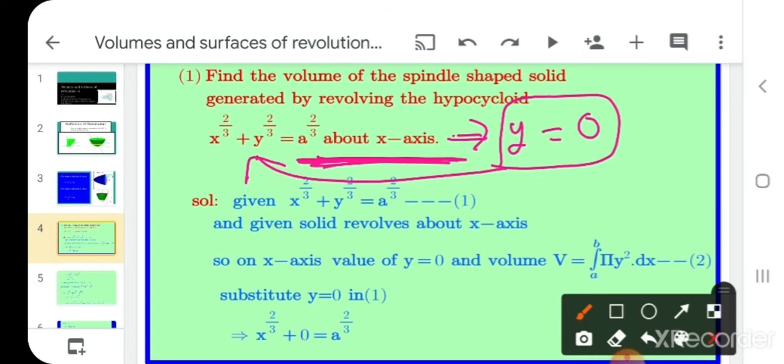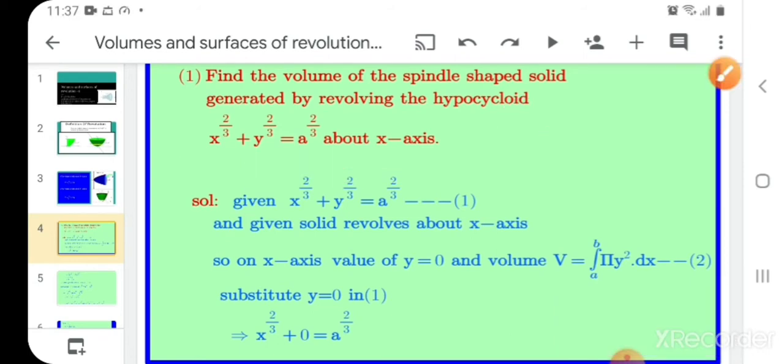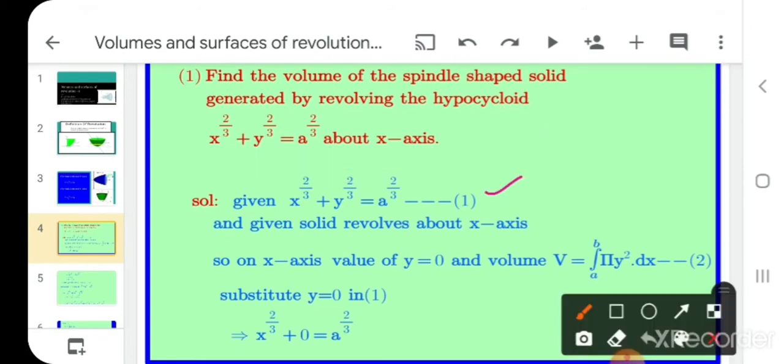Given equation is 1 and the solid revolves about the x-axis, so on the x-axis the value of y equals 0. Revolves about the x-axis means on the x-axis what is the value of y? 0. So I write y equals 0.